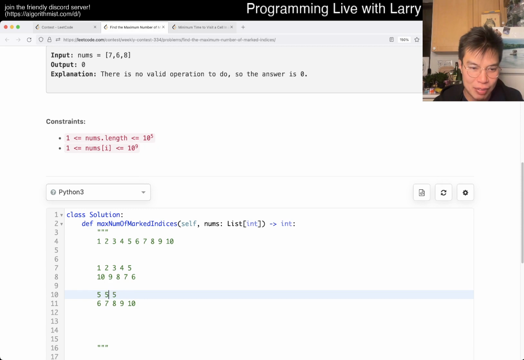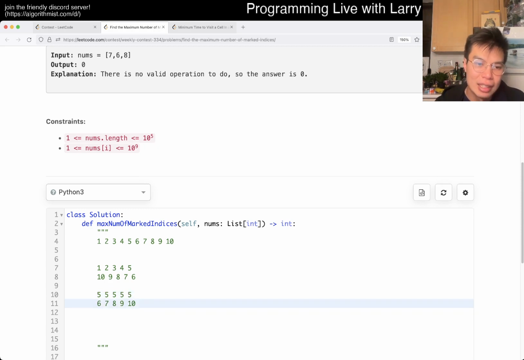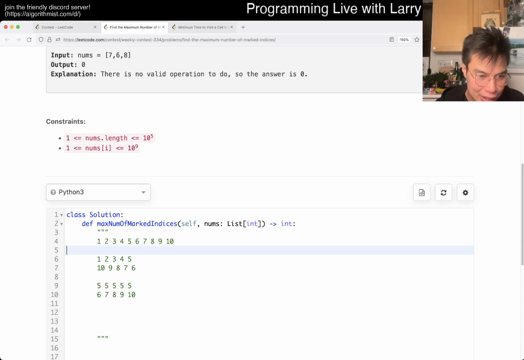Let's change this to 5, 5, 5, 5, 5. The intuition behind greedy is that, okay, let's say I have this array, or these two arrays lined up like this.